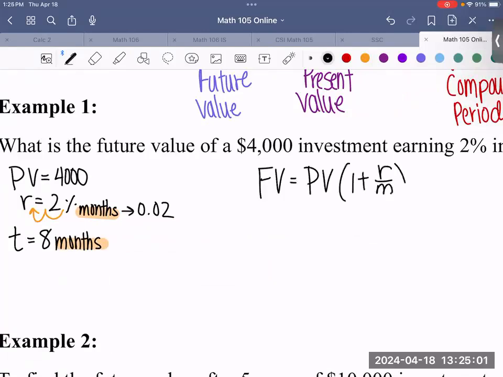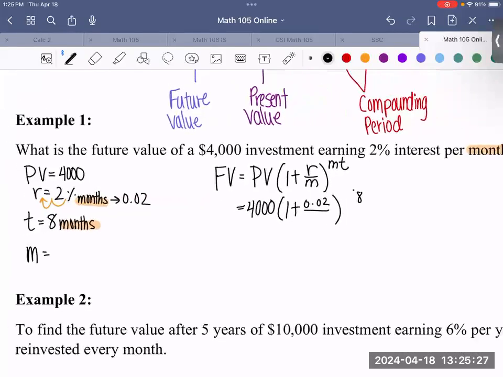R over M, M times T. Now, there is one thing that we haven't listed yet. We got your PV. We have your rate. And we have your time. However, we do not have your M. So let's go back into the problem and figure out where that is.